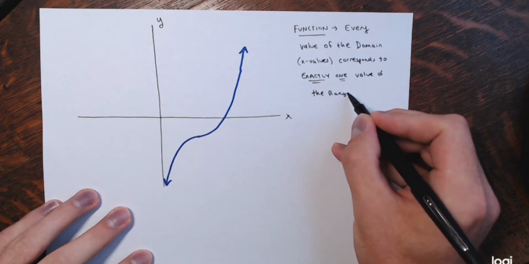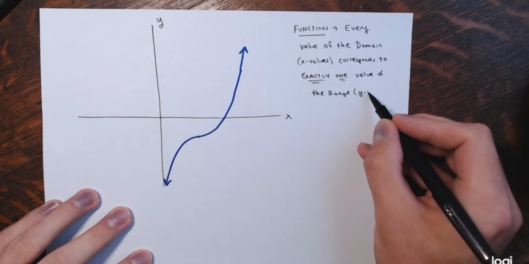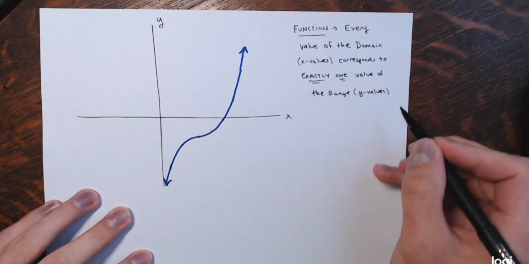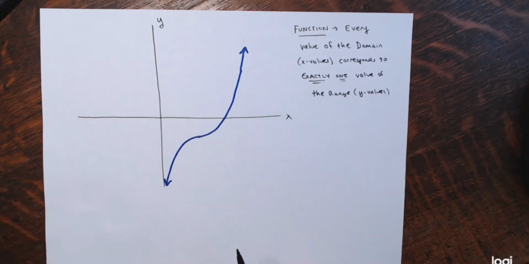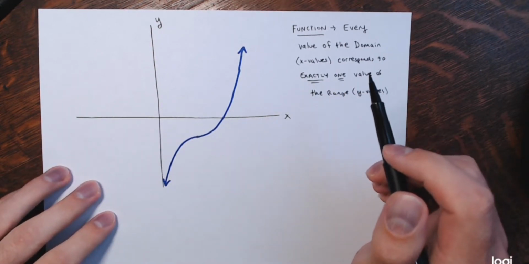And the range, when we're talking graphs, is made up of y values for ordered pairs. So hopefully you remember the definition of a function.